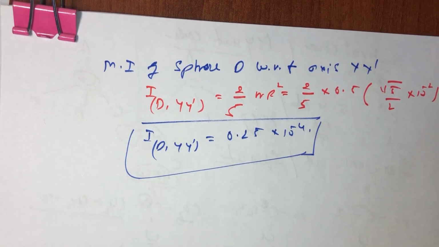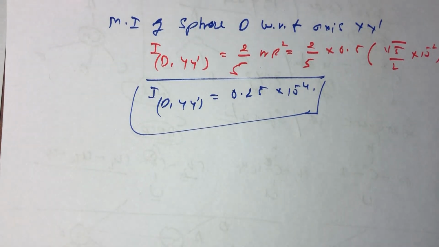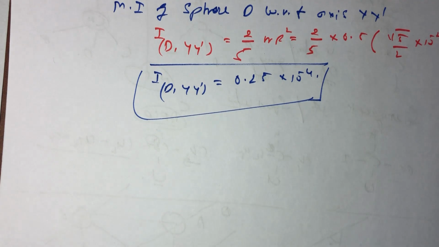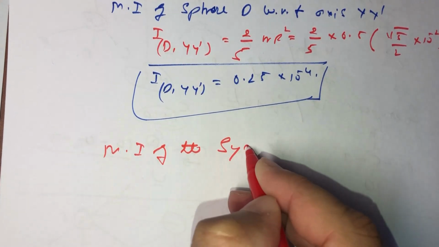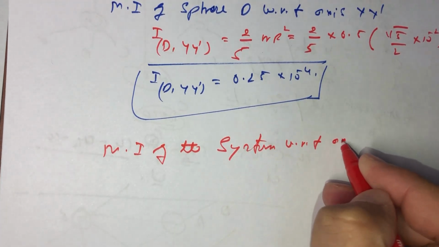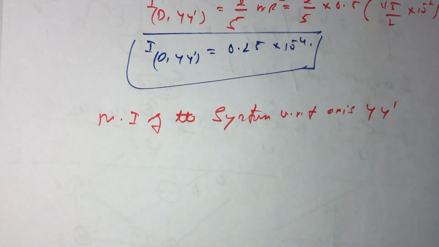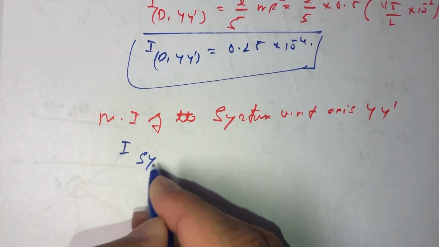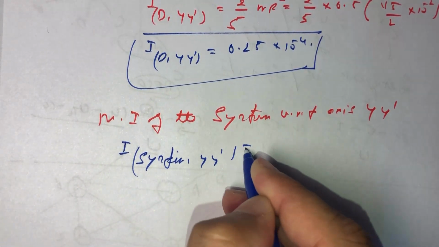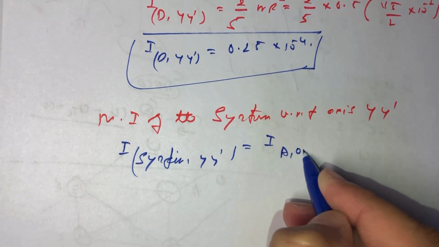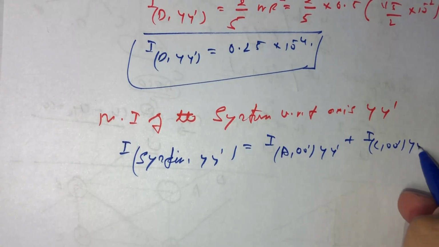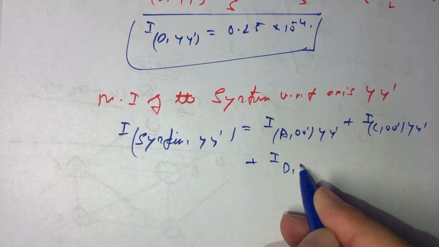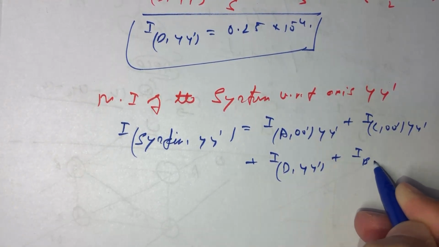So we found out the moment of inertia of A and D. Now the moment of inertia of the system with respect to axis y prime, we can write this formula as I system with respect to y prime is equal to moment of inertia of A with respect to axis y prime plus moment of inertia of C with respect to y prime plus moment of inertia of D y prime plus moment of inertia of B y prime.